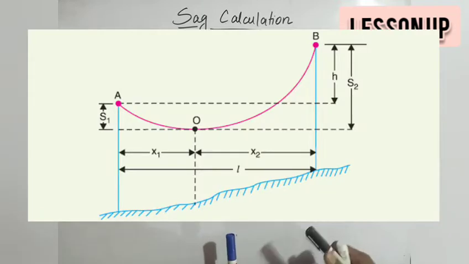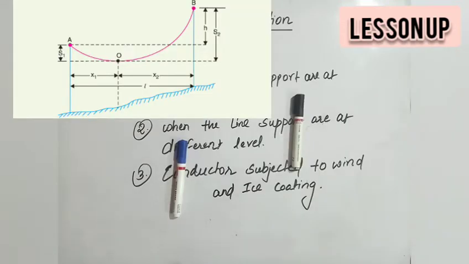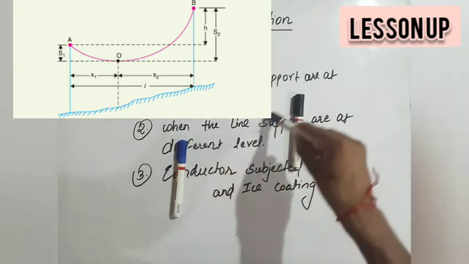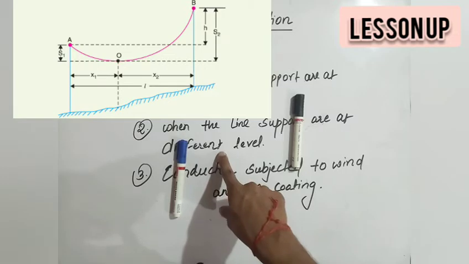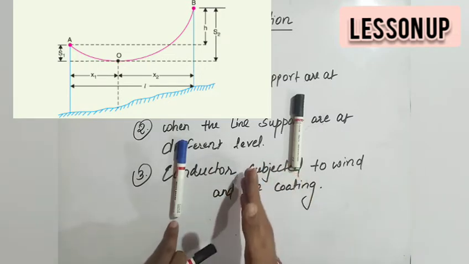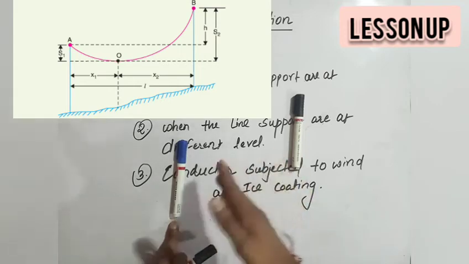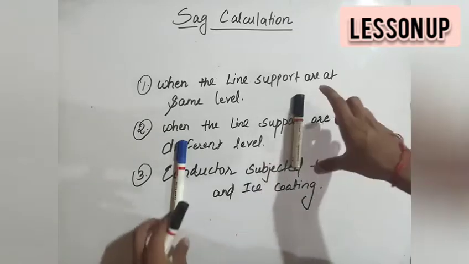When the line supports are at different levels, generally seen in hilly areas, you will experience a sag like this. You will not get the minimum height of the conductor at the middle of the span. It can move left or right, depending on the position of the supports.